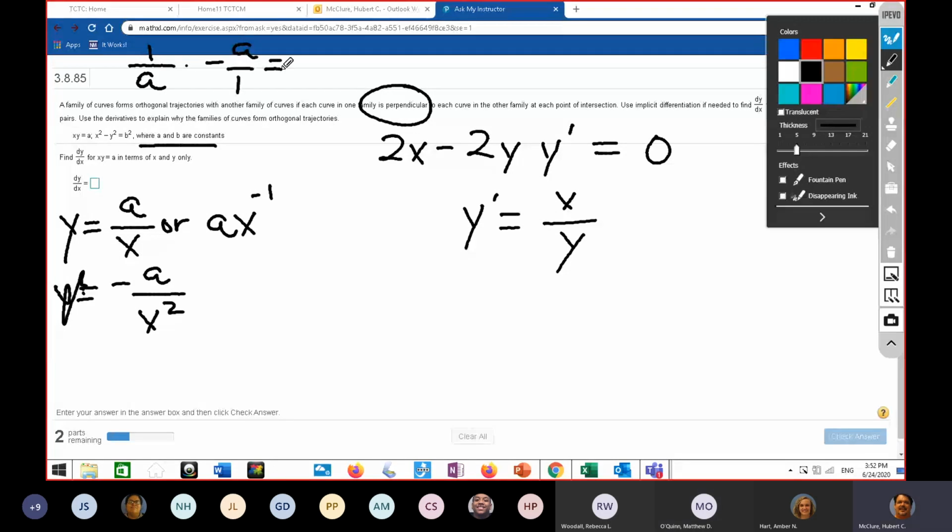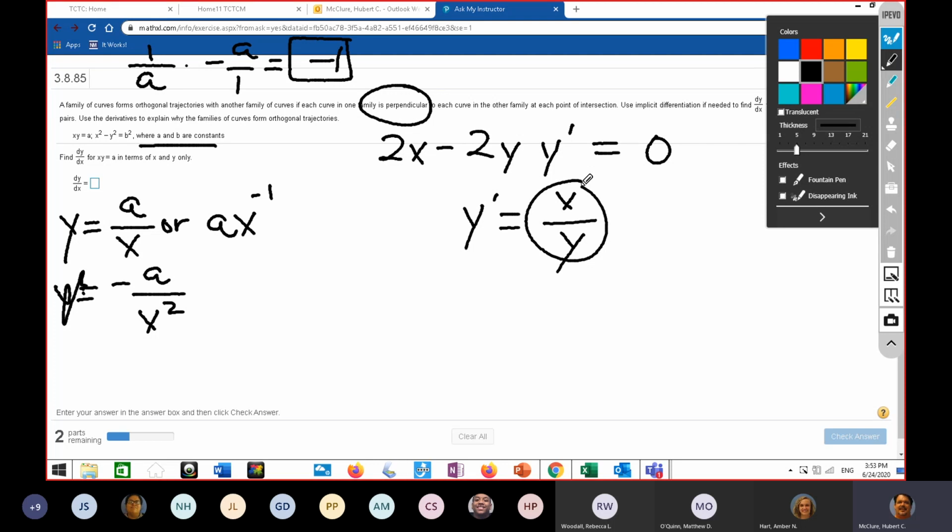And what they're basically asking here is, are these two perpendicular? Well, we can't compare these two slopes because this is the equation of the slope of the line. And this is the equation for the slope of the line, but we got a in there. Somebody tell me what a is equal to. XY.